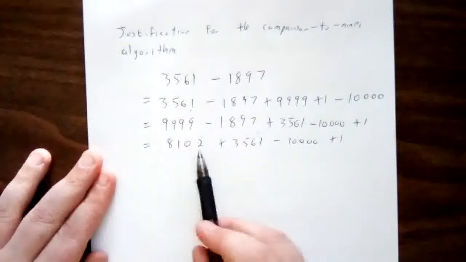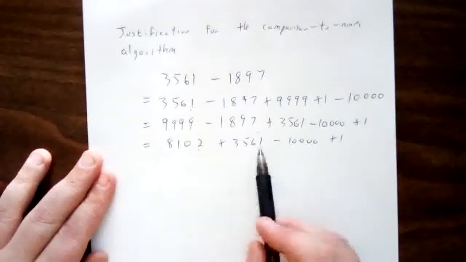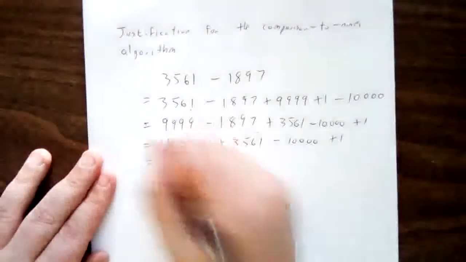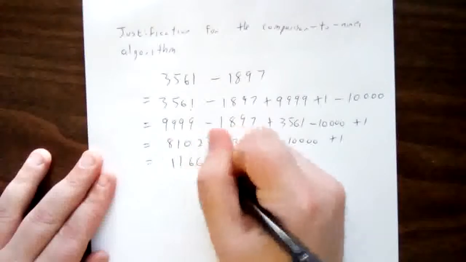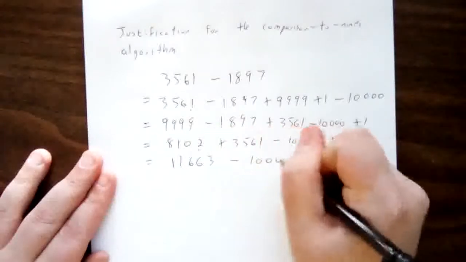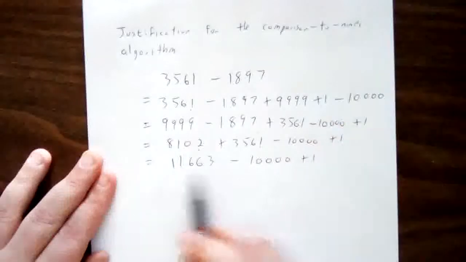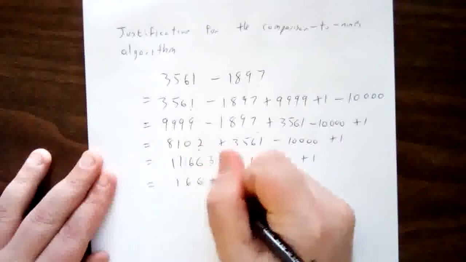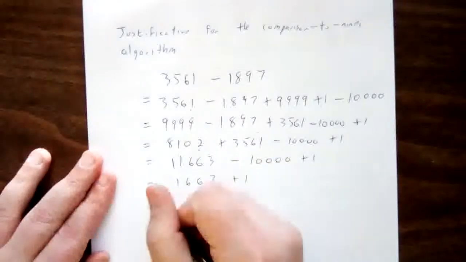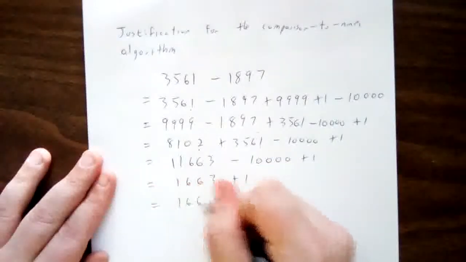Then adding that difference onto our minuend, the 8,102 added to our 3,561. That was our second step in our comparison to nines algorithm. The third step was subtracting 10,000 from that sum. And the last step was adding 1.